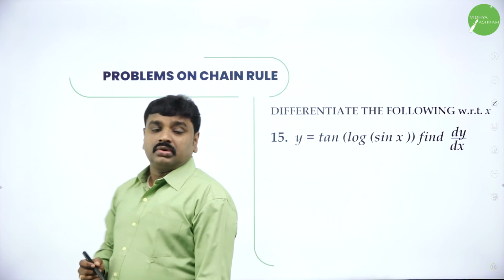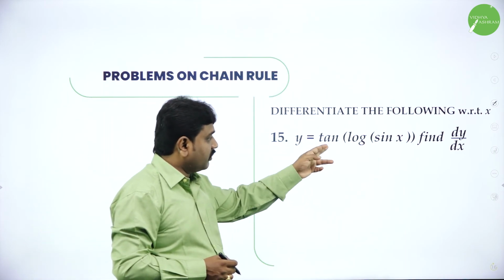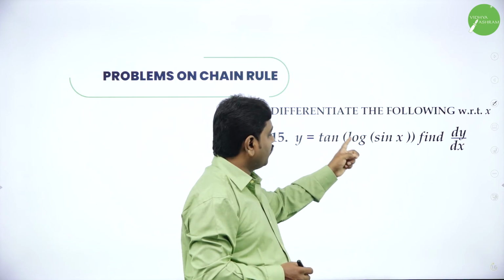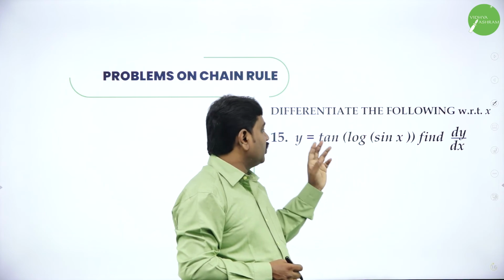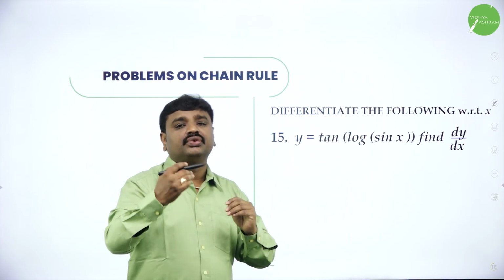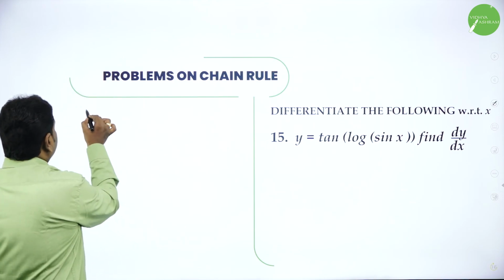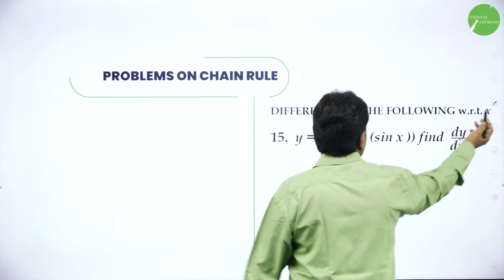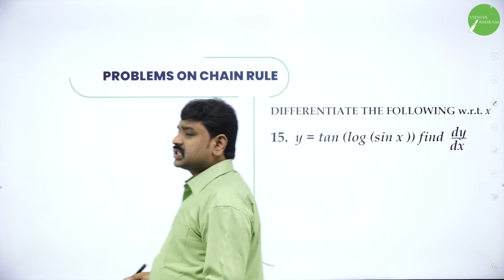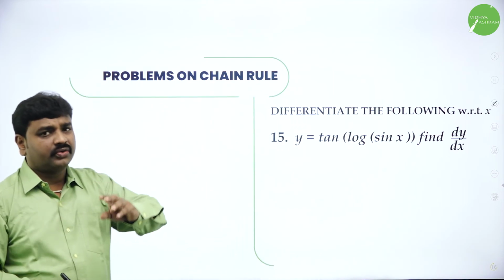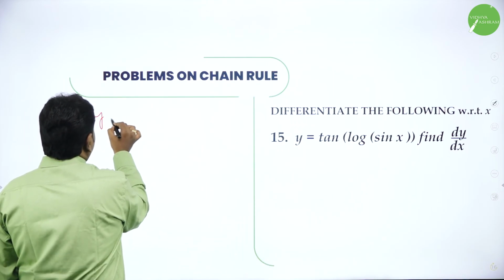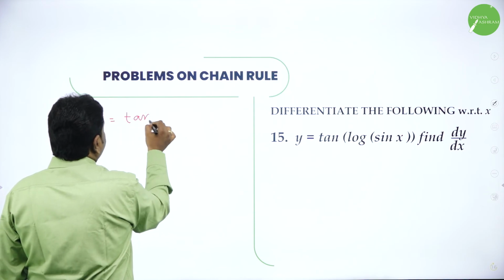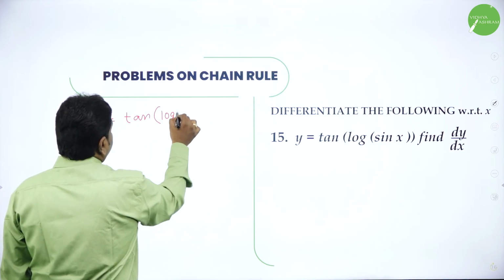Now y is equal to tan of log of sin x. Function of function. When you have function of function, chain continues. So interesting problem, y is equal to tan of log of sin x. So inside tan you have log, inside log you have sin. So function of function, tan of log of sin x.